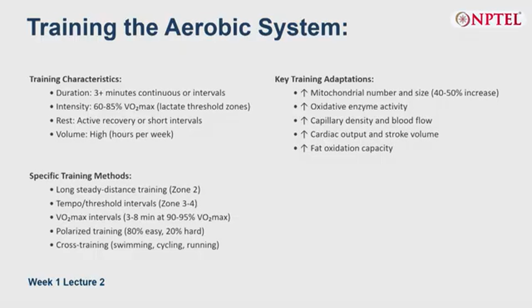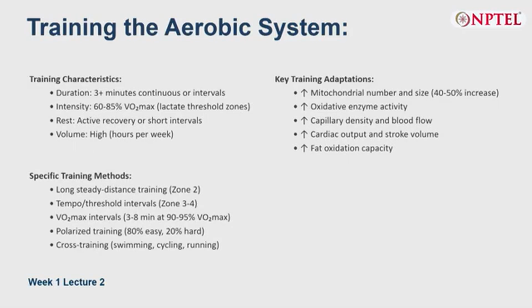The volume would be high, hours per week. The specific training methods are long steady distance running in zone 2, tempo or threshold intervals in zones 3 and 4, and VO2 intervals of 3 to 8 minutes at 90 to 95% of VO2 max, which will improve maximum oxygen uptake capacity.